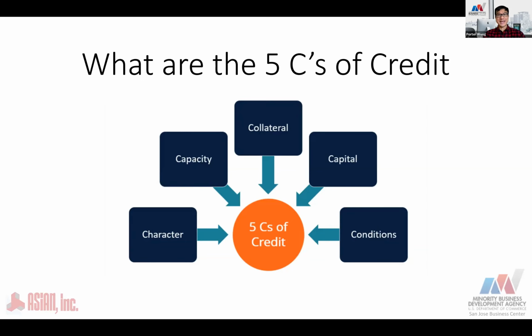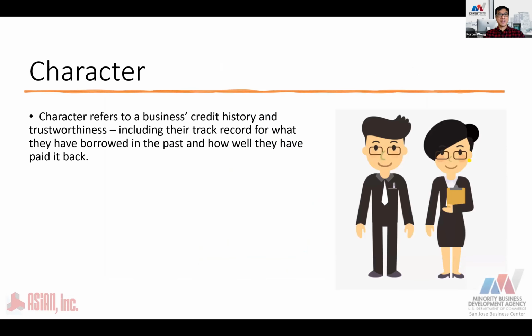So let's dive right in and talk about what they actually are. Character is basically an evaluation of the small business or the business owner.